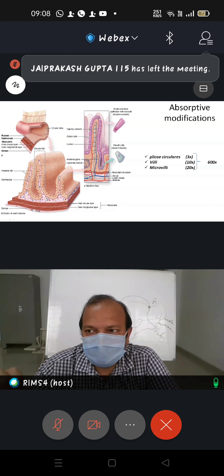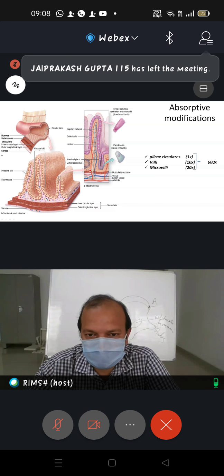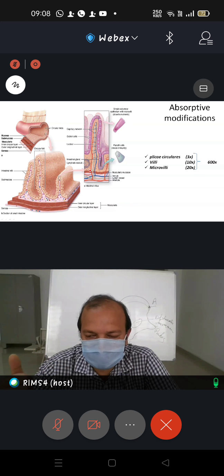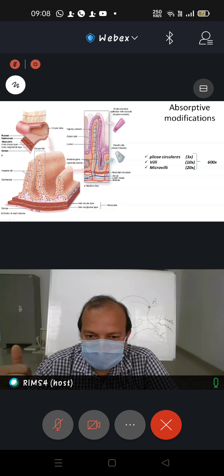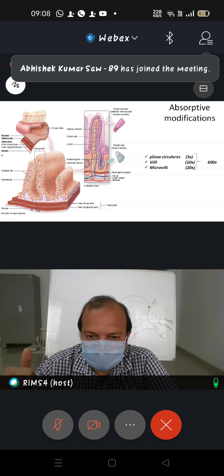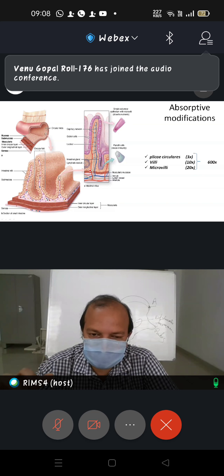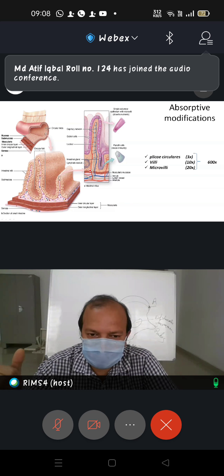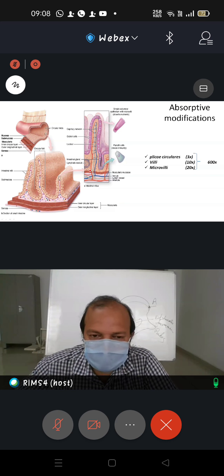So what is the similarity between these portions? They are modified for absorption. This is the portion where the terminal digestion takes place, and absorption mainly takes place here.